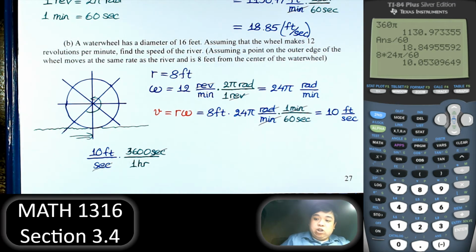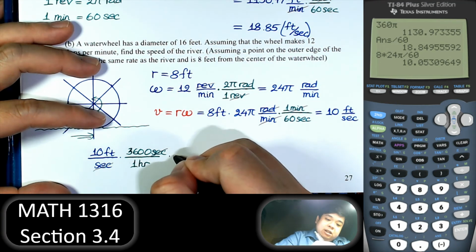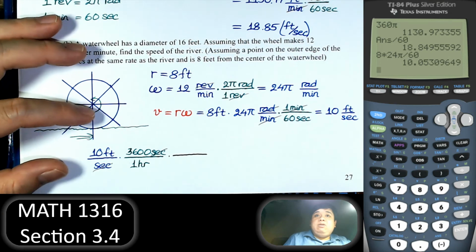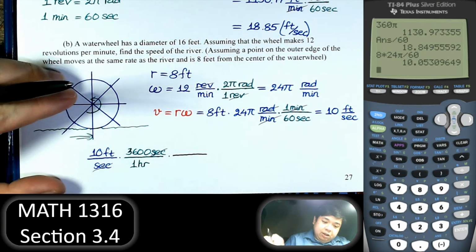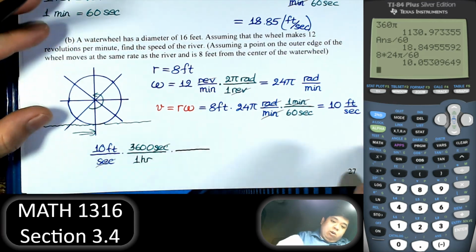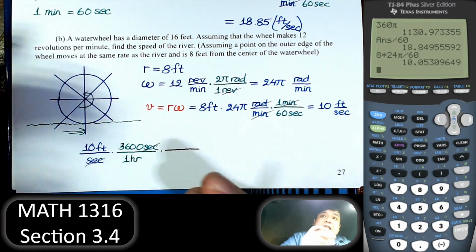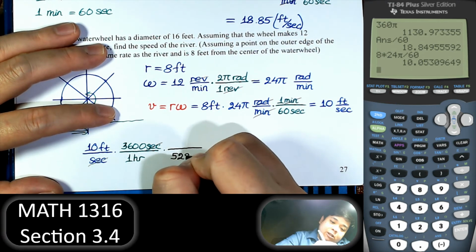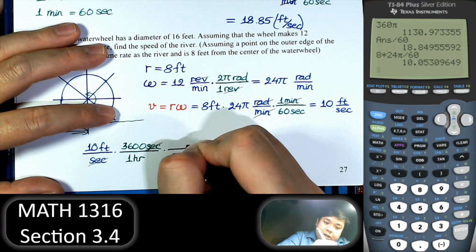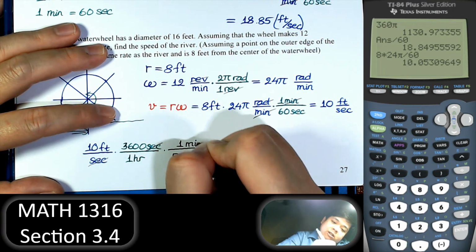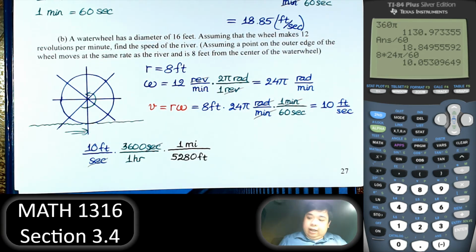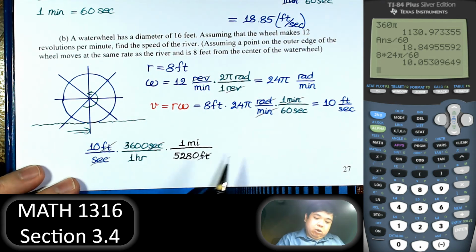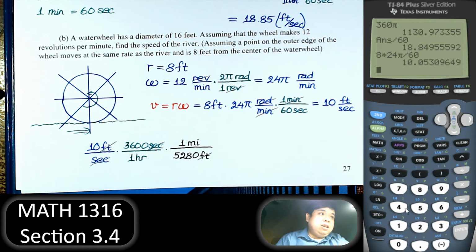Next, another ratio. How many feet in a mile? And that's 5280, right? So 5280. And since we don't want feet, you put feet where it will cancel with this feet. So 5280 is 1 mile. And again, the feet and the feet cancel out, and those are all the numbers we have. So we end up with about 10 feet per second.